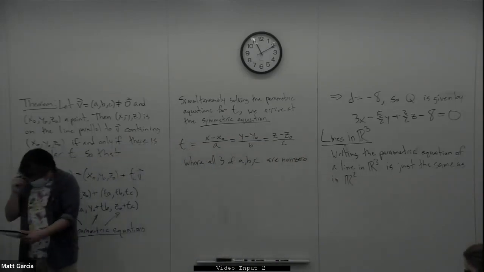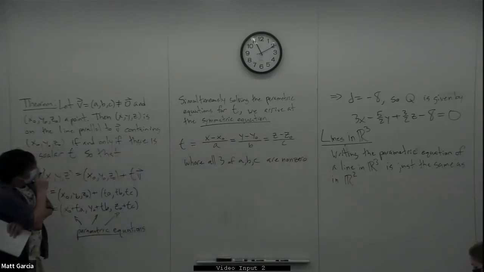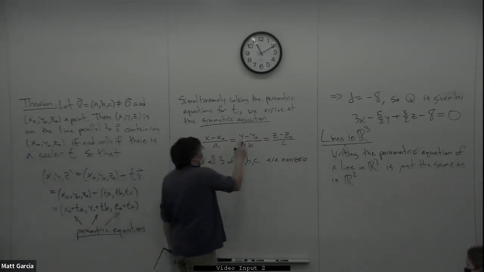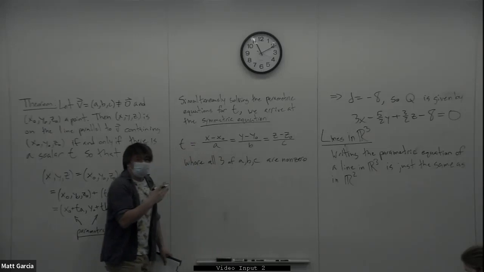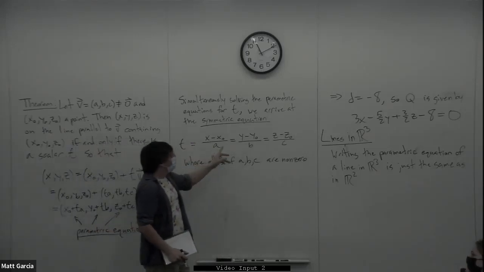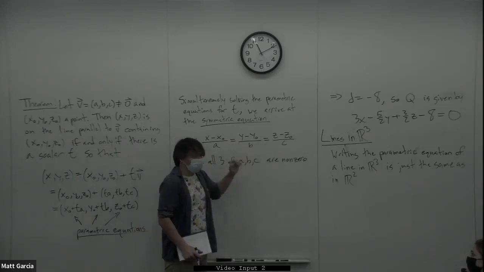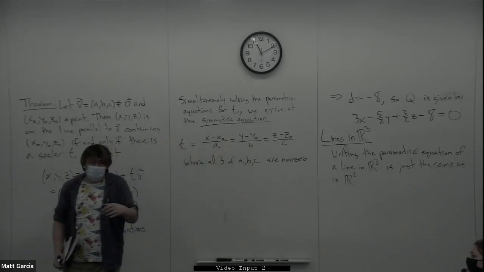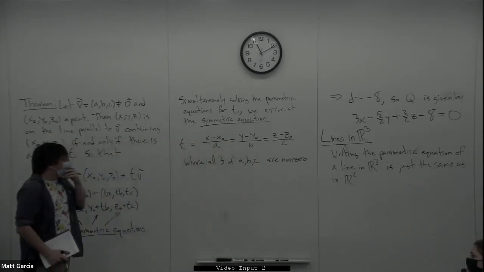So here's the thing. This name is somewhat misleading, right? Because it's actually two equations, right? We have two equalities. We still call it a symmetric equation, but it's actually two equations.